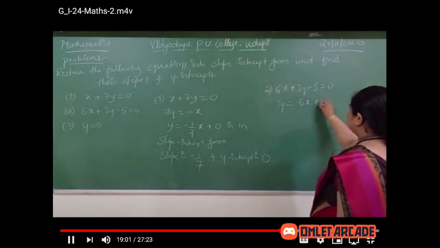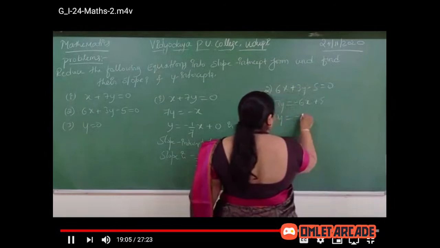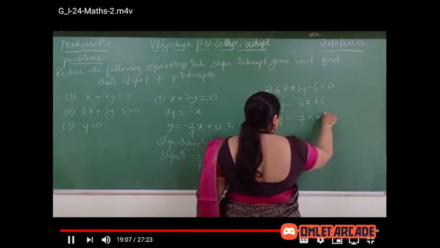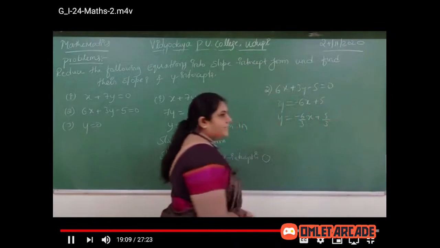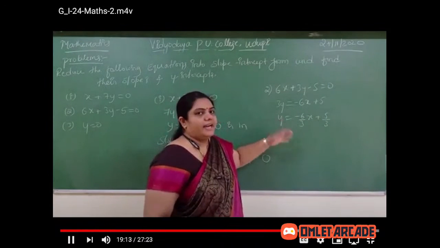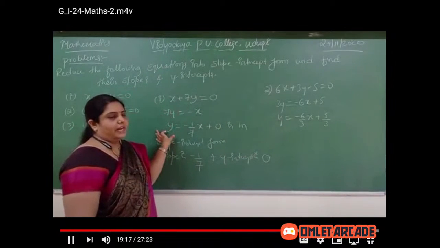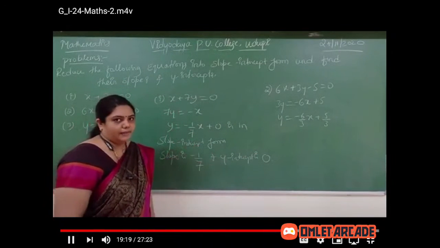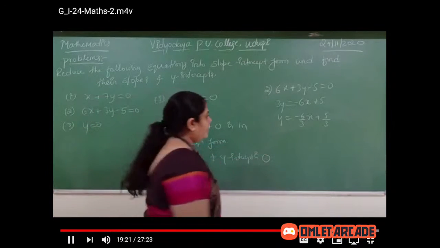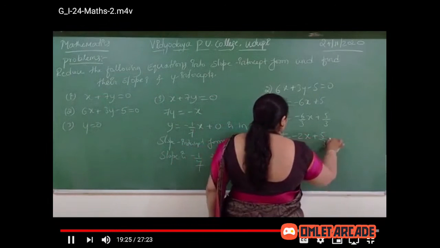Similarly, plus 5. So y is equal to minus 6 by 3 x plus 5 by 3. See what I did? I divided throughout by 3 to make this 3y as y. Similarly here, to make 7y as y, I divided throughout by 7. Similarly here. So y is equal to minus 2x plus 5 by 3.